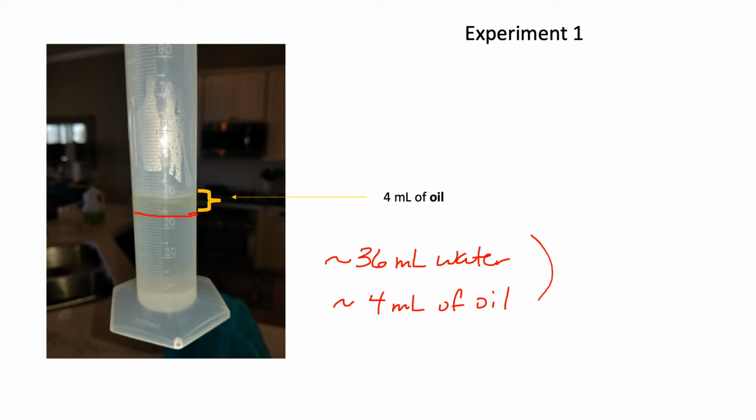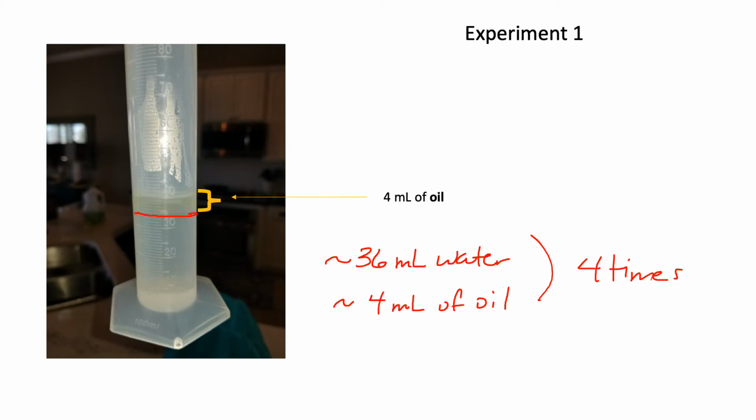Because I did this 4 times. So it would have been 1 milliliter of oil times 4 and 9 milliliters of water times 4. You'll also record this volume in table 2.